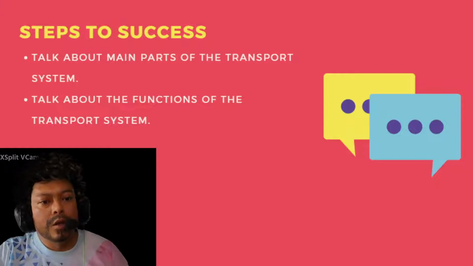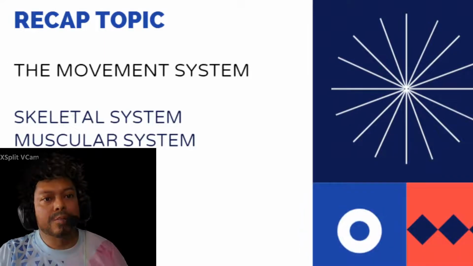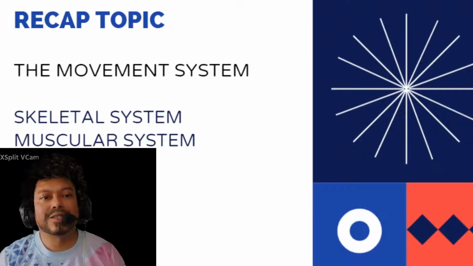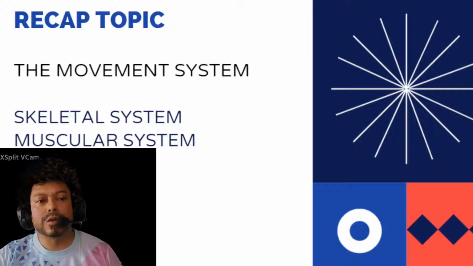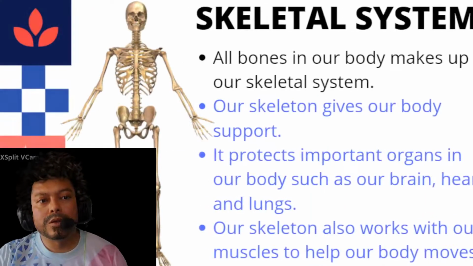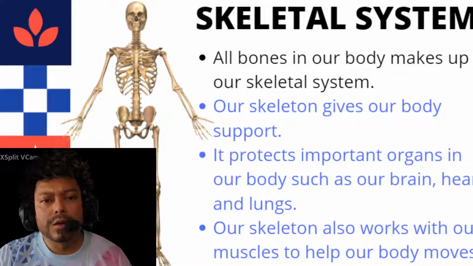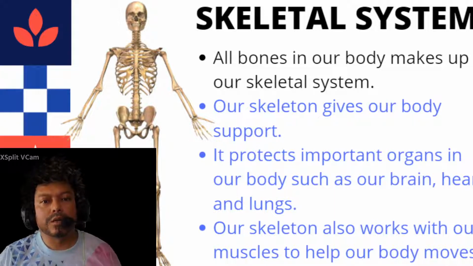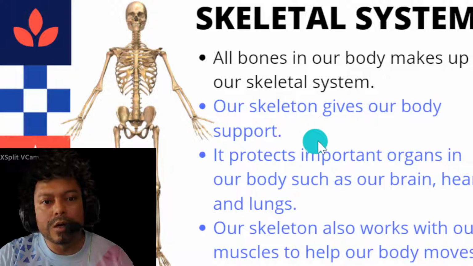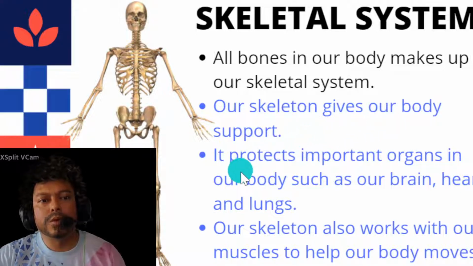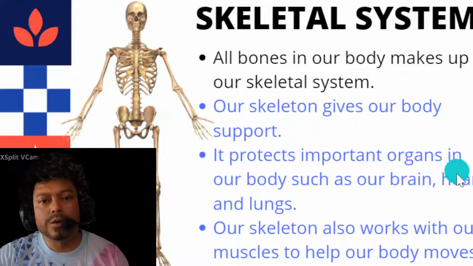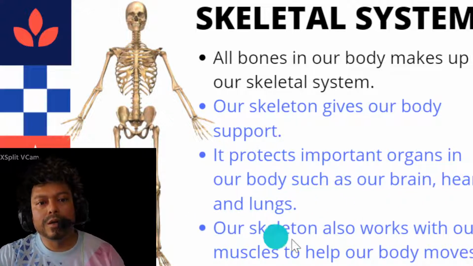one. So before that, let's recap the movement system, which is the skeletal system and muscular system. The skeletal system: all bones in our body make up the skeletal system. The functions are to give our body support and protect important organs in our body such as our brain, heart and lungs.